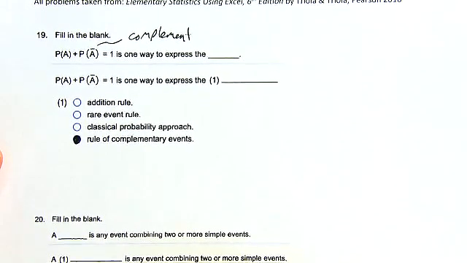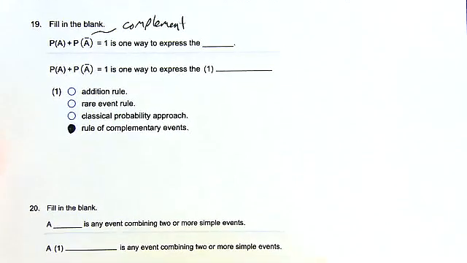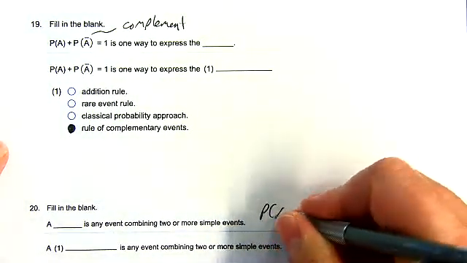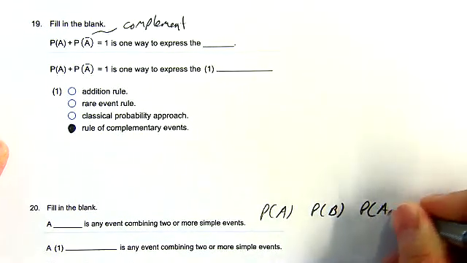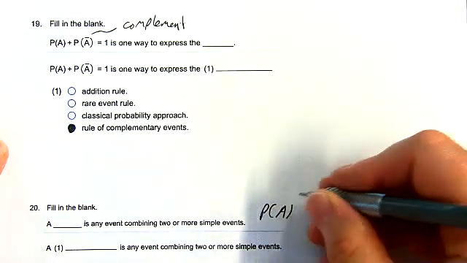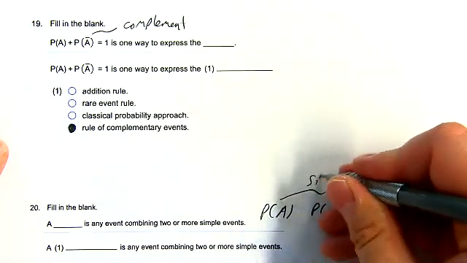A blank is any event combining two or more simple events. So I said things like P of A, P of B, P of C. When you just have one thing in here, these are called simple events.